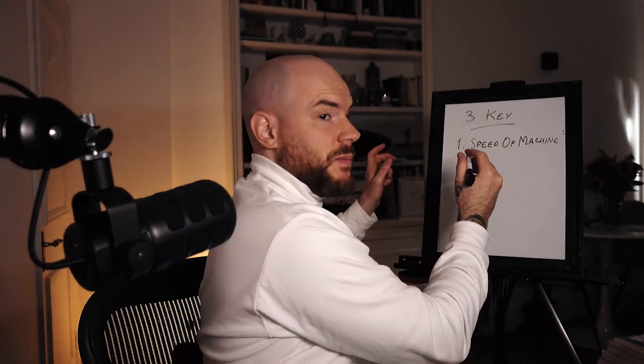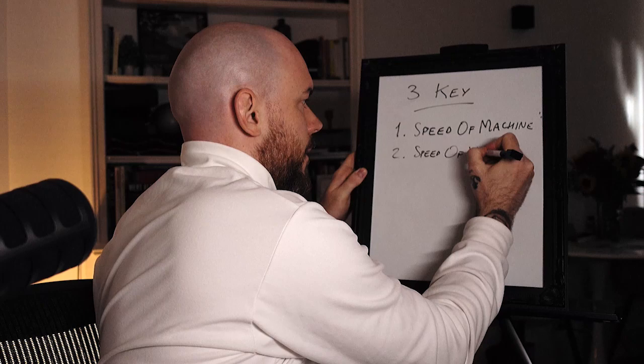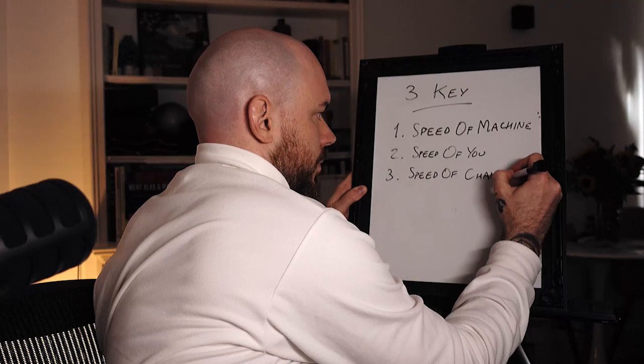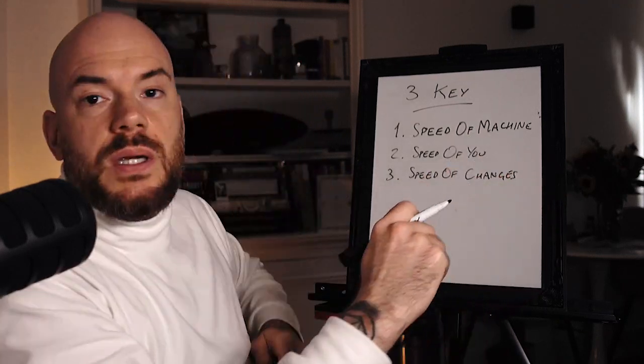Key number 2 is the speed of you, the editor. And key number 3 is the speed of changes, the speed of your response to changes. So when feedback comes in, client wants some changes, how quickly can you turn around those changes? And that all comes down to a lot of prep work.